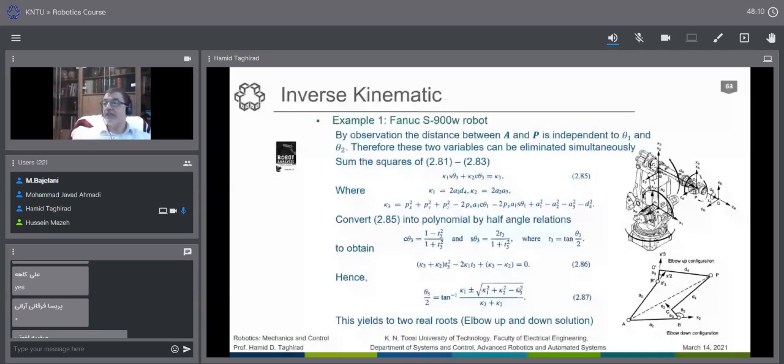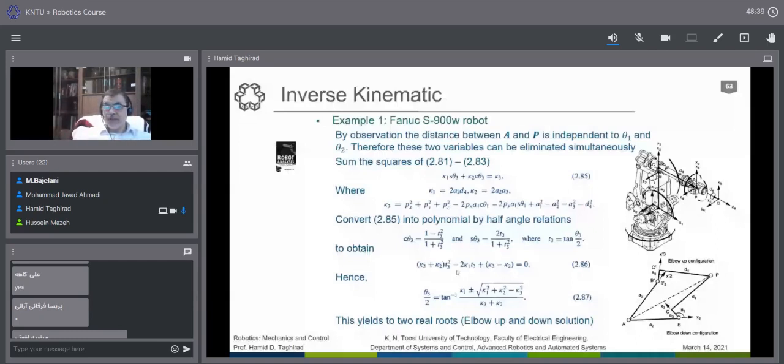What does it mean when we have two? We can easily find this tangent of half angle by the solution of the second order polynomial here with two equations. These two solutions give us elbow up and elbow down, like a 3-arm manipulator, two valid solutions here.